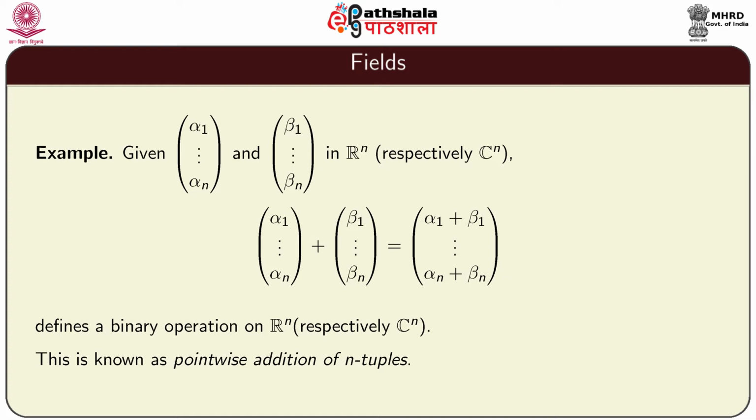One more example. Look at R^n, that means Cartesian product of R, n copies, or C^n, that is the Cartesian product of C, n copies. So, their elements typically are the n-tuples. If you remember, we will stick to this notation that elements of R^n or C^n will be written as column matrices instead of row matrices.